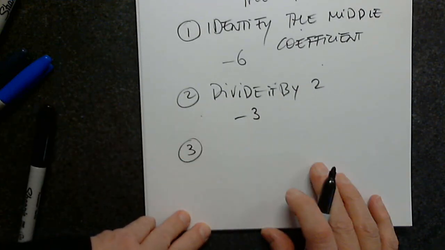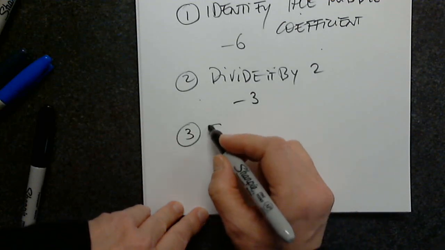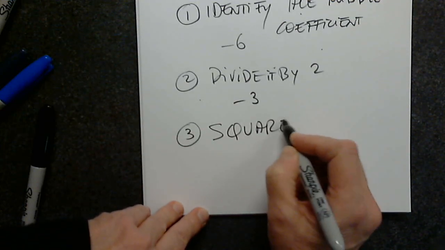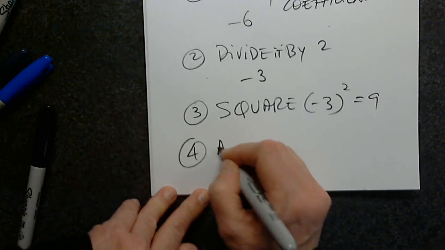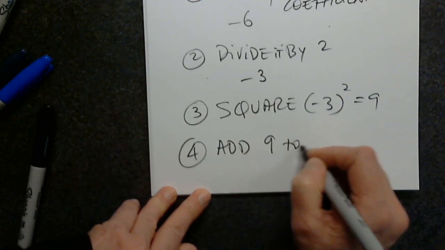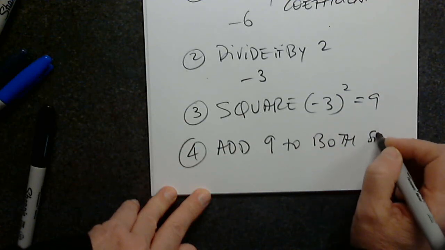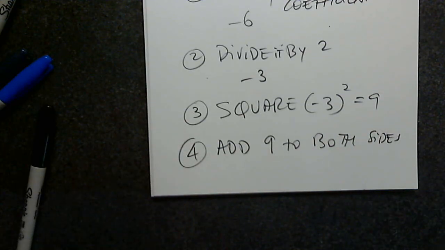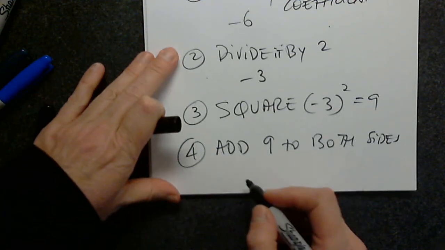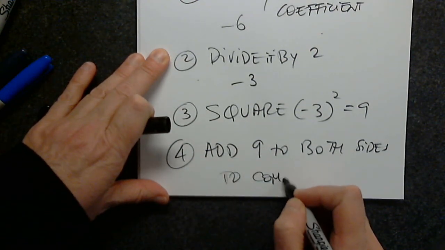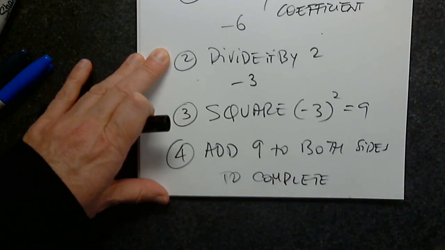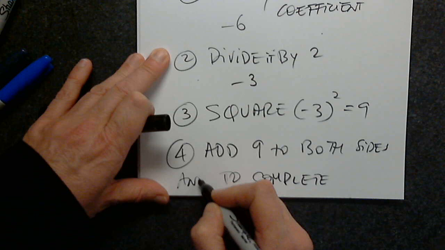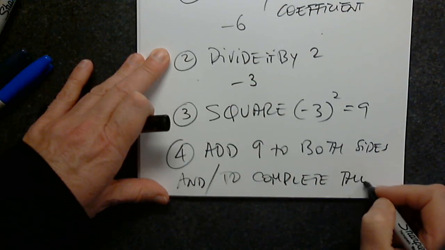Step number 3. Square negative 3. Final step. Add 9 to both sides to complete the square.